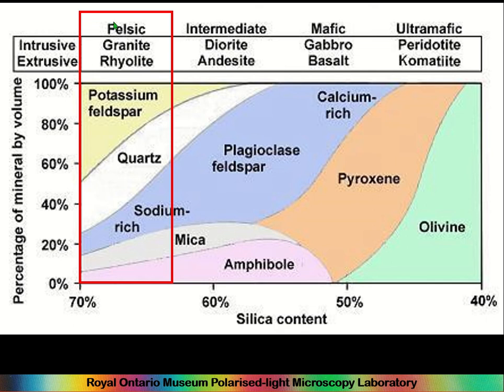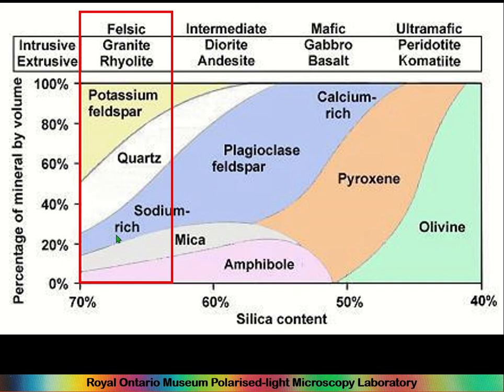So if we go through these, we start with the felsic group, the granitic group, the rhyolitic group, depending on whether it's intrusive or extrusive, and of course you know these minerals now: potassium feldspars, or K-spars as we often call them, like microcline and orthoclase. There's a lot of those in these rocks. And there's quartz, which you also know, and plagioclase.